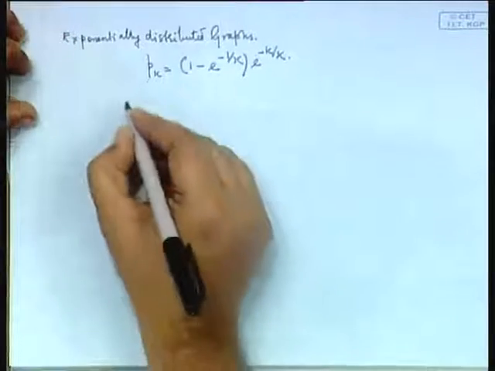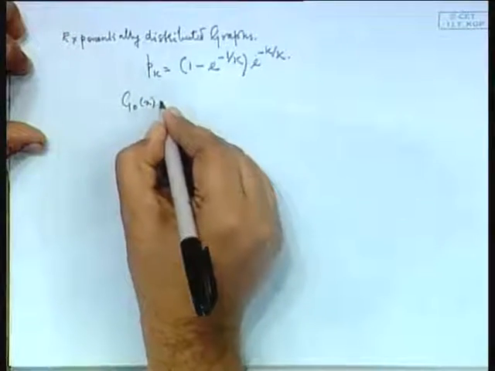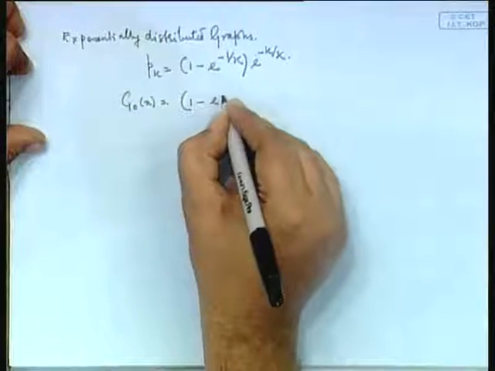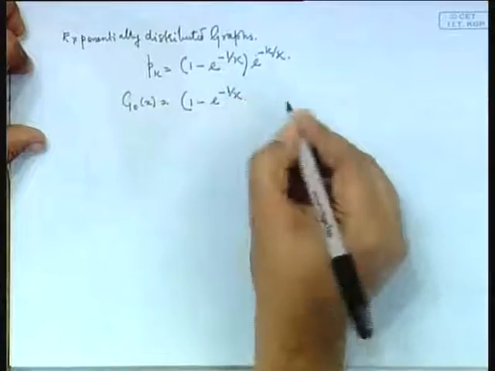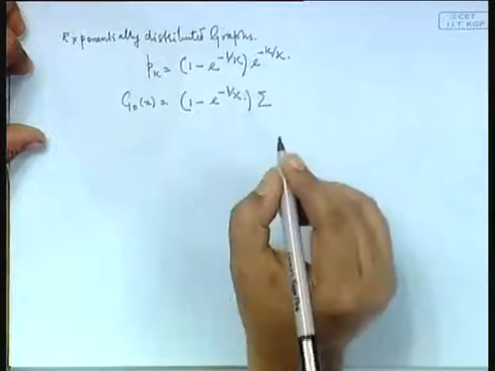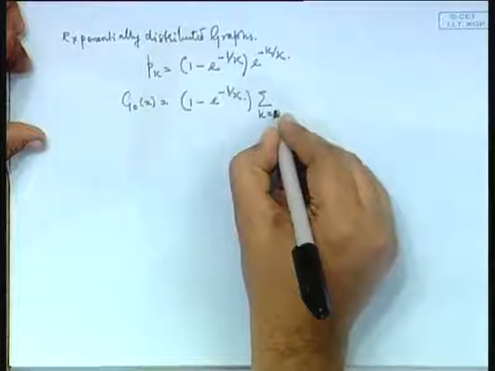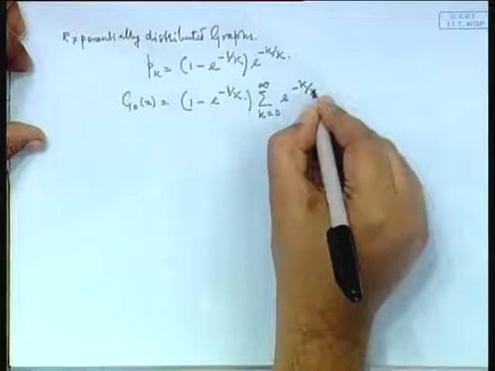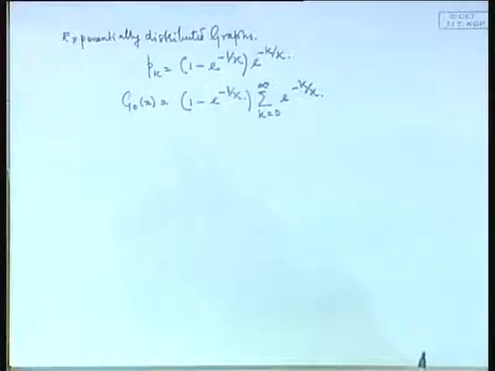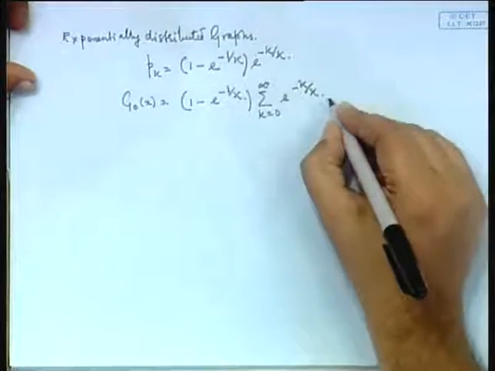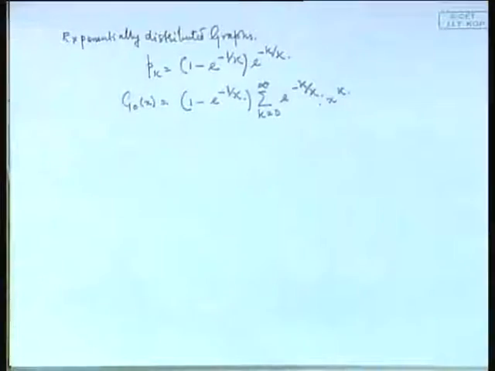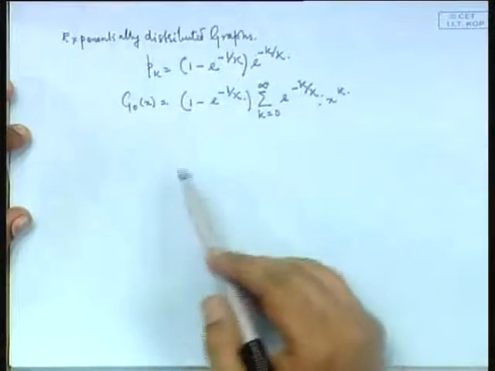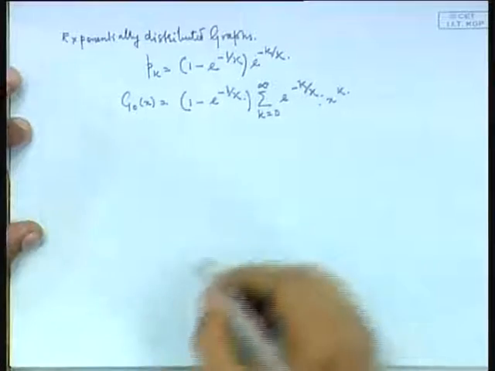So, what will be G 0 x? One minus e to the power minus kappa, summation k is equal to 0 to infinity e to the power minus k kappa into x to the power k, because this part is independent of k. So, it comes out as common for all.